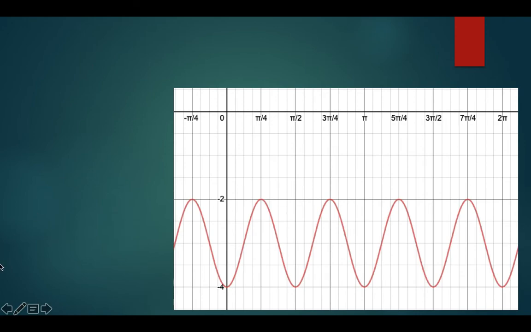I think this is the last example for us today. Okay, so again, find our midline. So the highest you get is -2, lowest is -4. So your midline would be right in between, which would be -3. So you go down 3.